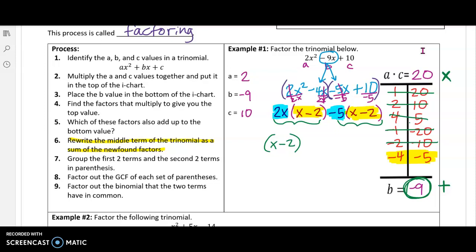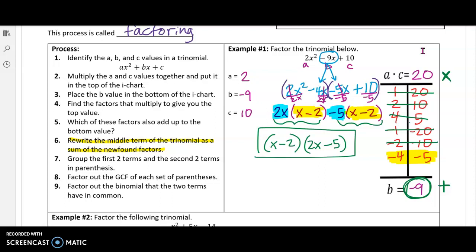What would be left? 2x minus 5. What you see there in blue, I wrote in a second set of parentheses. We have officially factored our trinomial into two binomials. Okay? It's not as bad as it might seem.